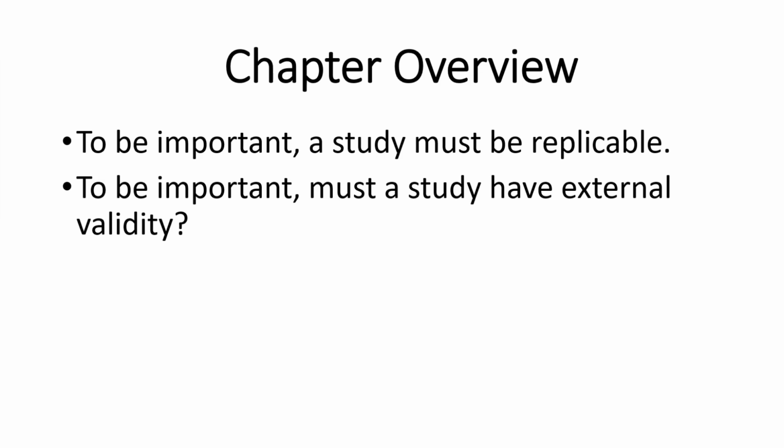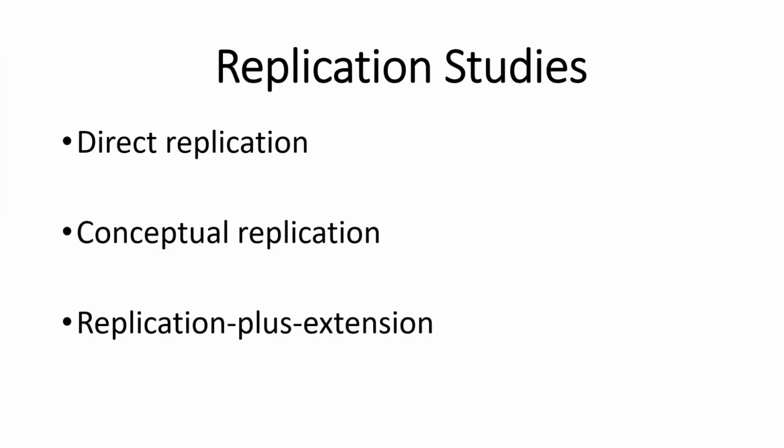Can you replicate what you have found in a different study? And then we're going to address the question of, for a study to be important, must it also have external validity? And we'll get into quite a few points on that one as well, but that's our outline for today.